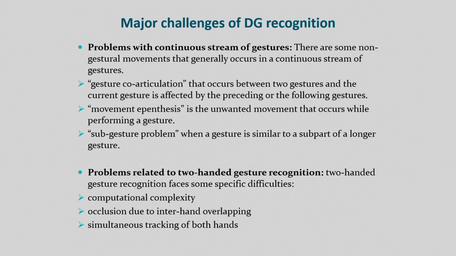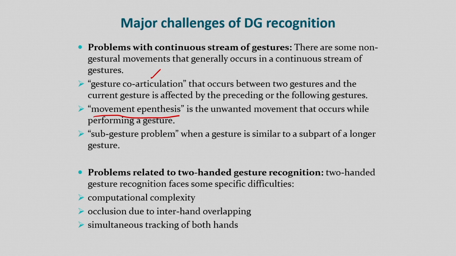And if I consider the major challenges of dynamic gesture recognition, the problems with continuous gestures, one problem is the co-articulation problem. That means the current gesture is affected by the preceding or the following gestures. Another important problem is the movement appendices, that is the unwanted movement that occurs while performing a gesture.